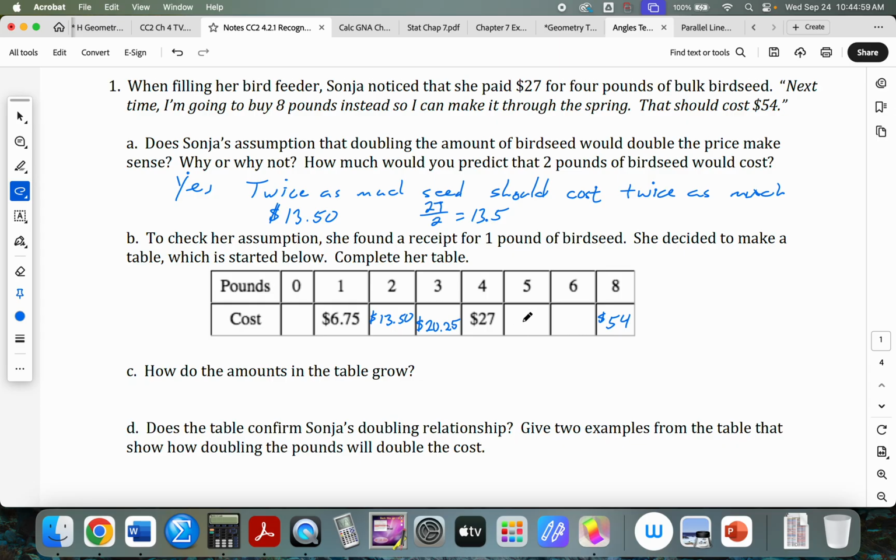And if we're going to get the one for 5, we could do this a couple of ways. What's one way that we could find the cost for 5? Yes, sir. 6.75. Okay, we could take the 6.75 and multiply it times 5.